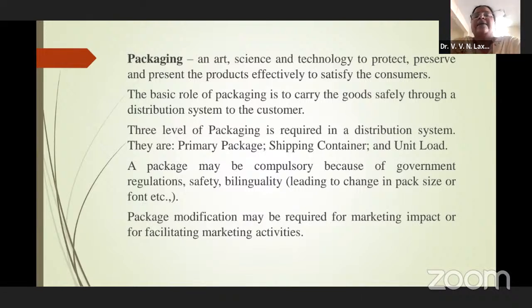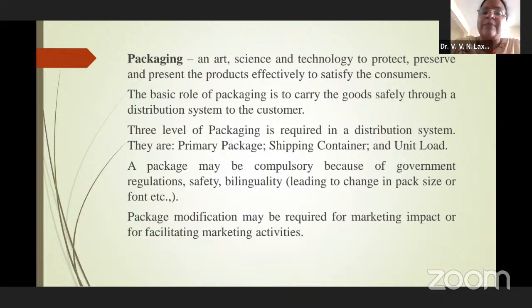Now, why does packaging become compulsory? There are many reasons. Let us see. There are government regulations in an overseas market or a local market which make it compulsory for the company to go for certain types of packaging, to use certain types of material, to use some labeling over that particular package.